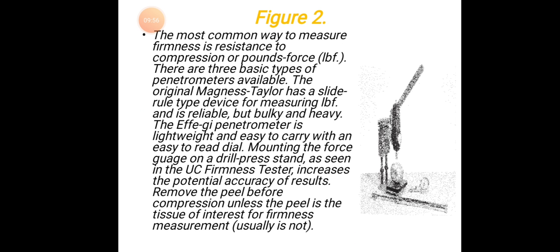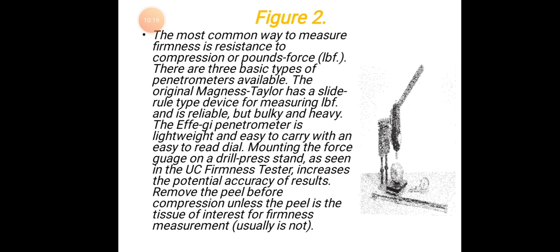There are three basic types of penetrometers available. The original Magness Taylor has a slide rule type device for measuring LBF and is reliable but bulky and heavy. The FTA penetrometer is lightweight and easy to carry with an easy to read dial.